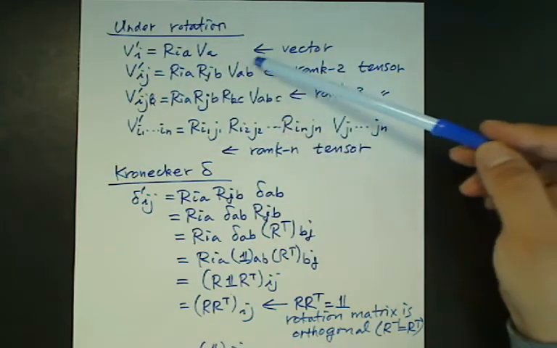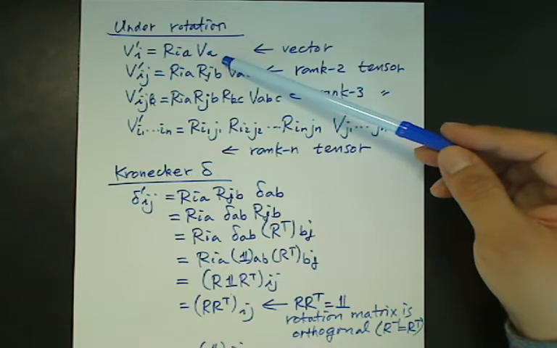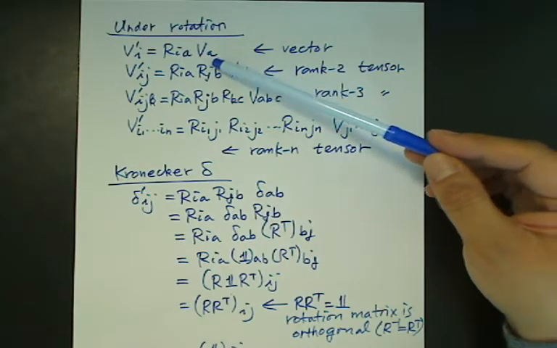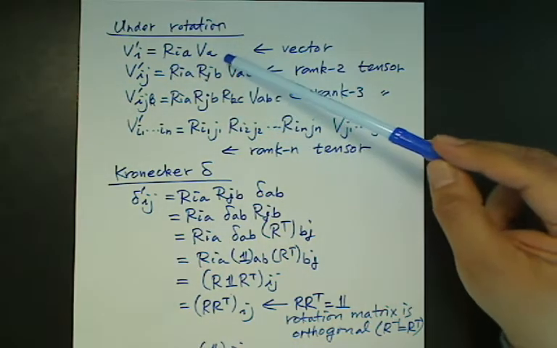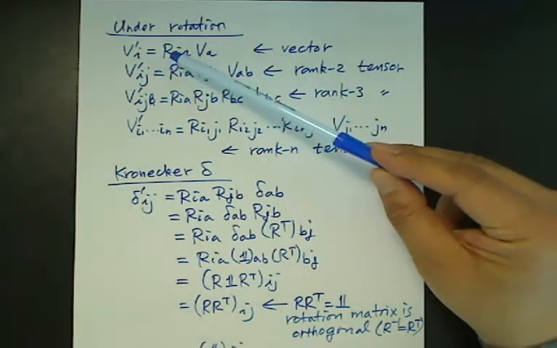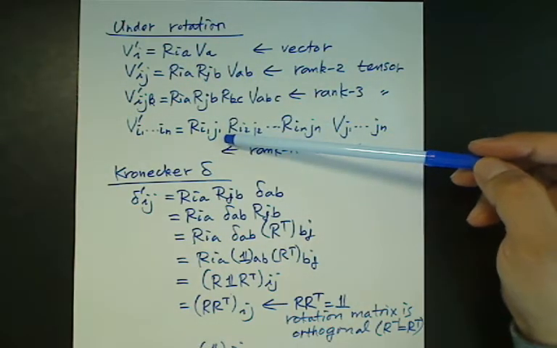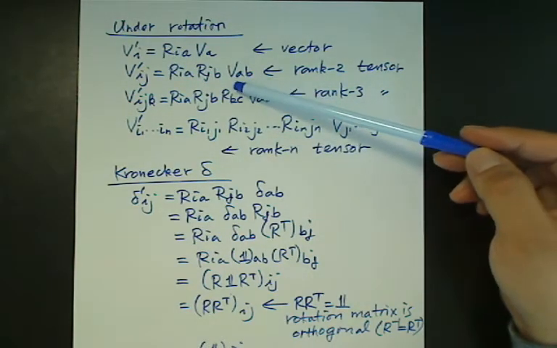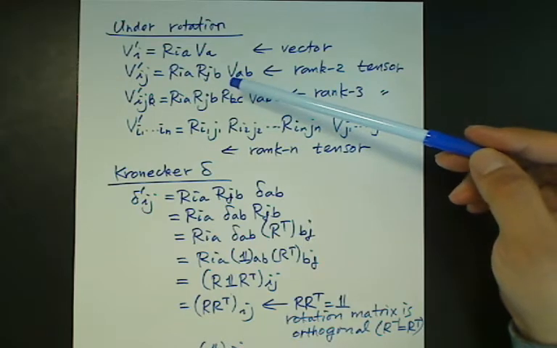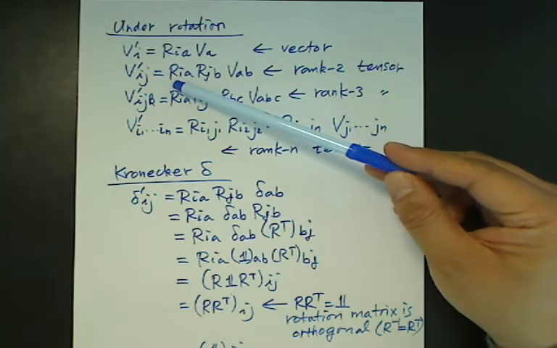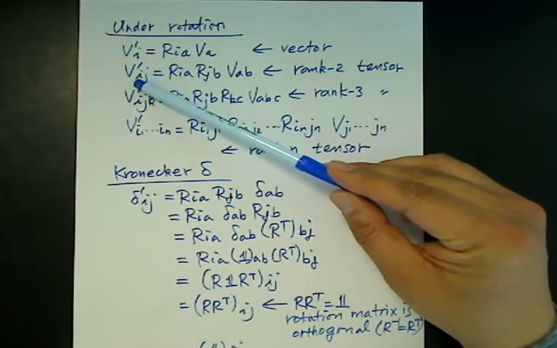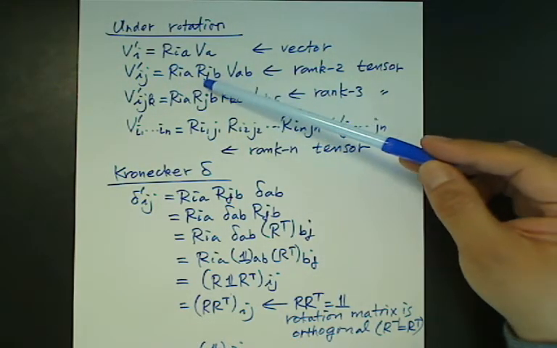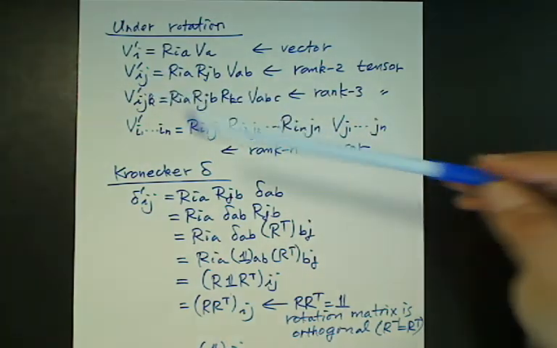So on the rotation, a rank 1 Cartesian tensor, that is a vector, is transformed into V_i, and the index is connected to the original vector index through the rotation matrix. A rank 2 Cartesian tensor has two vector indices, and for each index, we multiply the rotation matrix on the left. A is summed over, A is transformed into the new vector index i, B is transformed into the new vector index j to find this component.